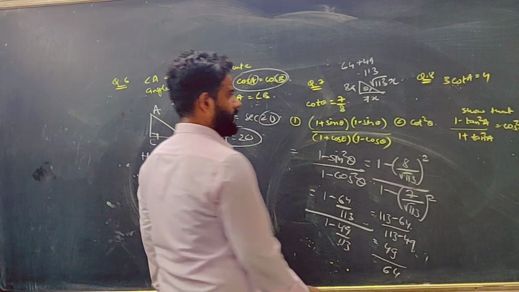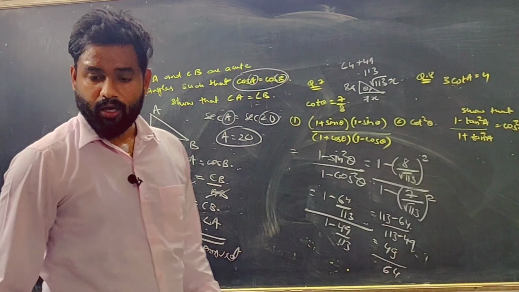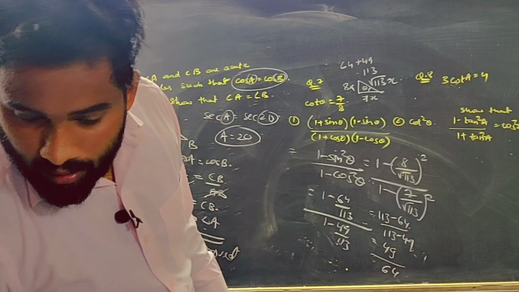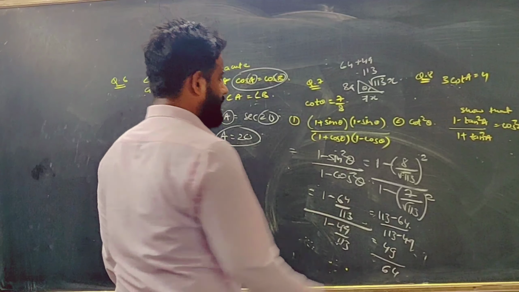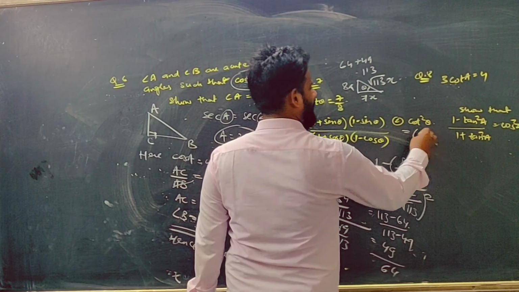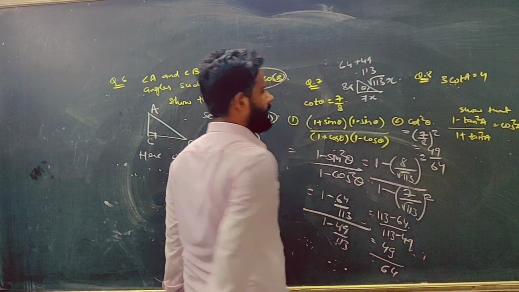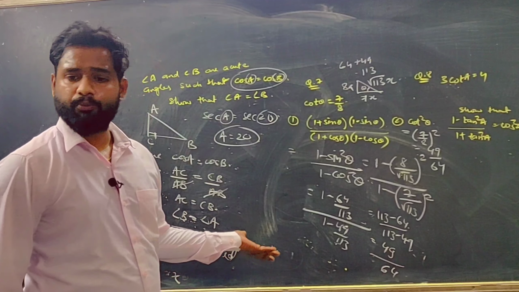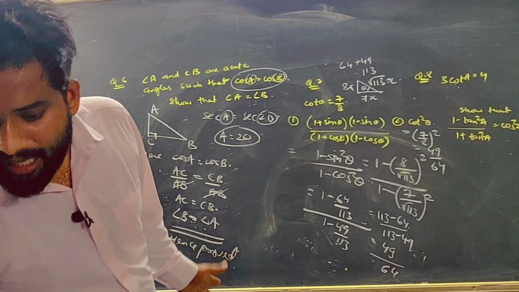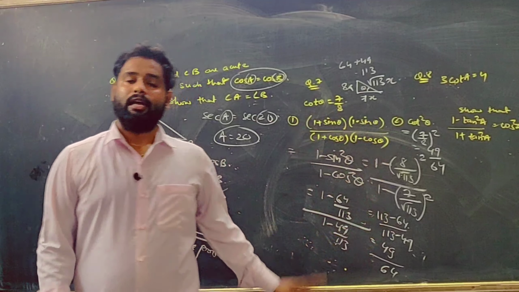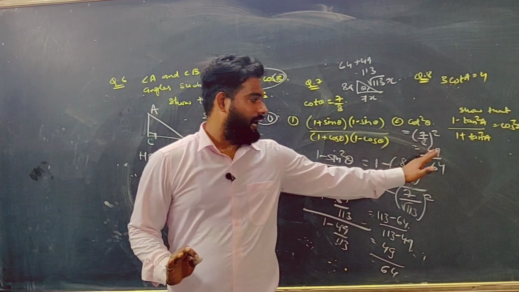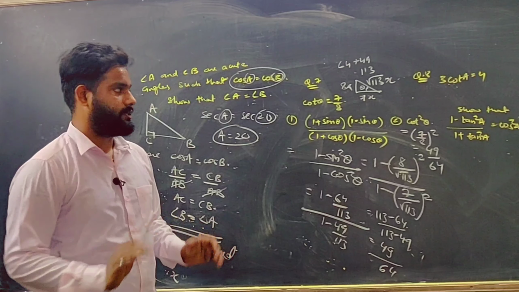That is cot square theta, so just put down the value 7 by 8 to the whole square, which is 49 upon 64. Both are equal. Evaluate means you have to find out the answer, and 49 upon 64 is your answer.